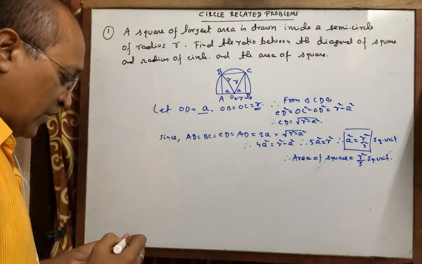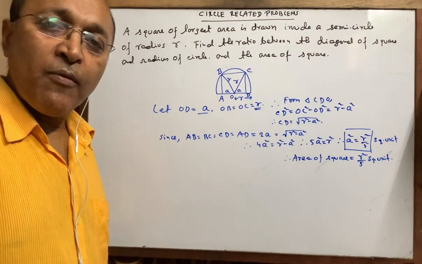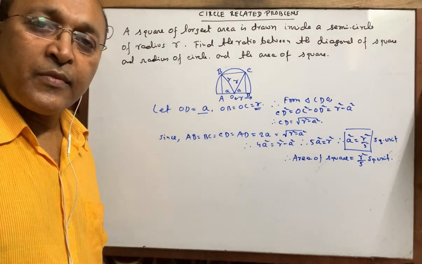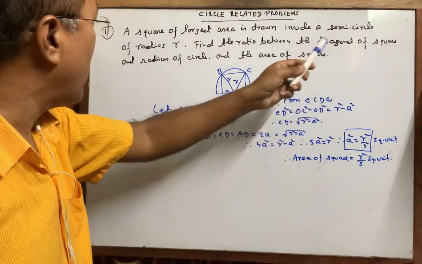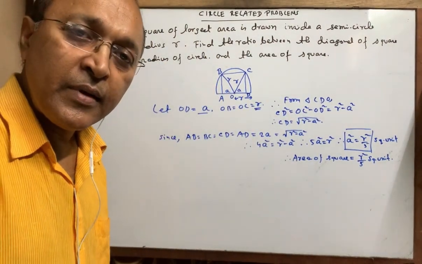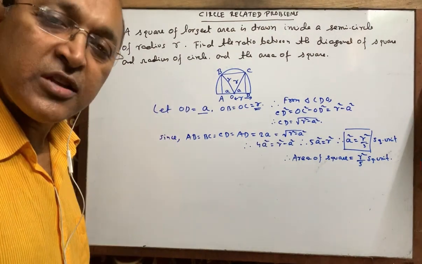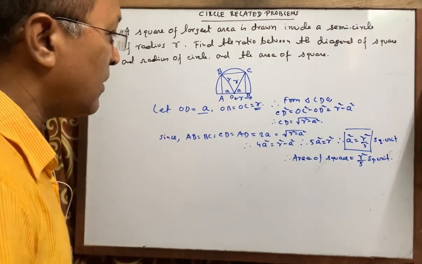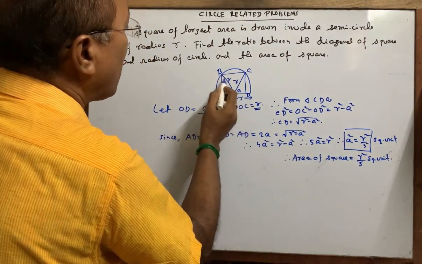Okay. Now what to find? Ratio of the diagonal of the square and the radius of the circle or semicircle, whatever you can say. Now diagonal of the square means, say BD is the diagonal.